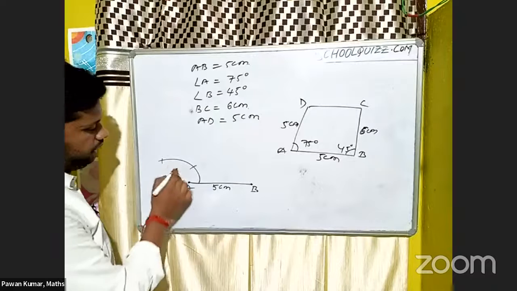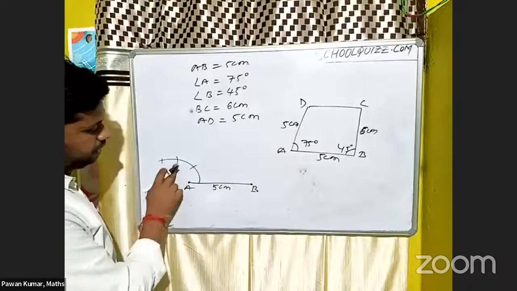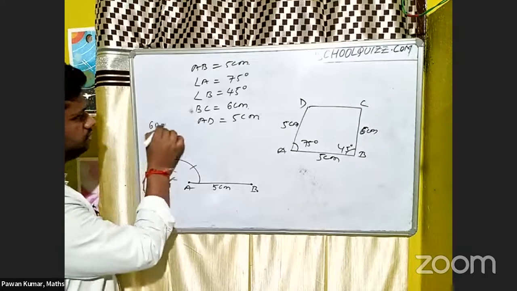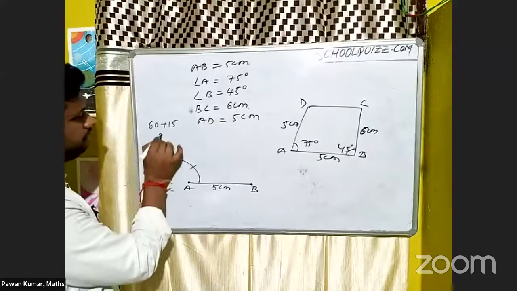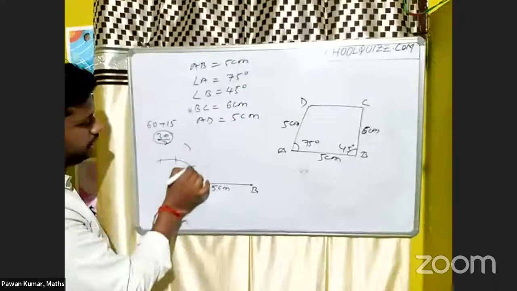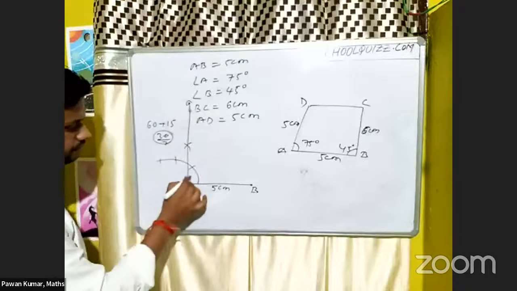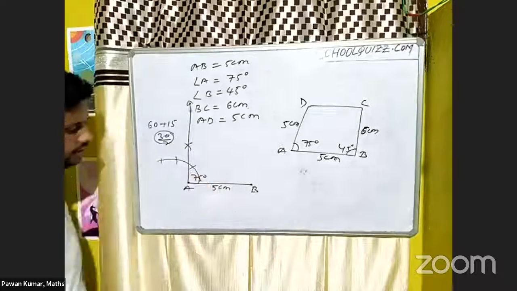Correct. If I make 90, then 90 and 60 have a 30 difference. So 60 plus 15 is what I need. If I halve 30, I can make 15 there. So this 90 arc and this 60 arc, this line and this line you can get as 75 degree. Correct?